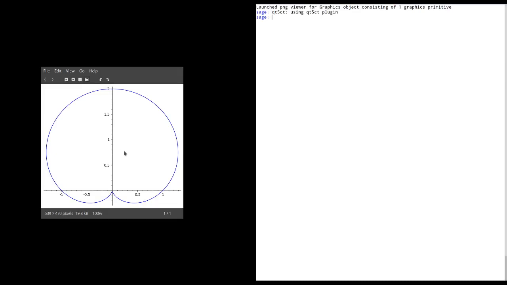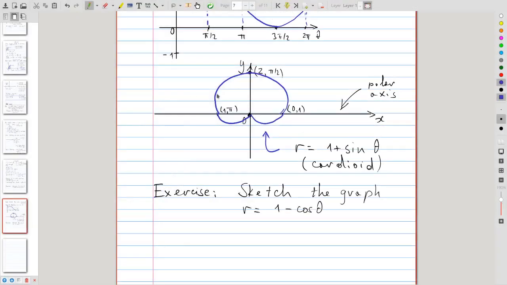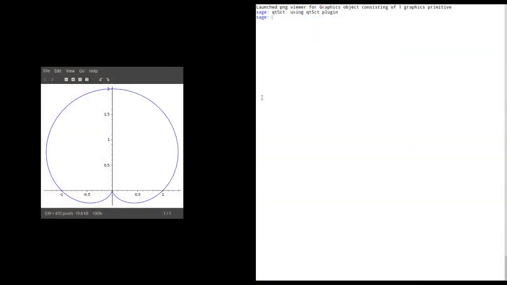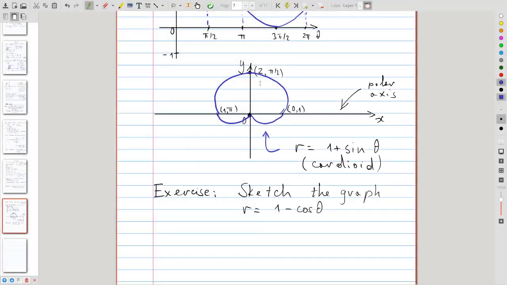As you see, if you compare this curve to the sketch we had, the sketch doesn't look terribly unlike the actual graph here. And so this gives me a convenient way to check that indeed the sketch of the graph of this curve was correct.